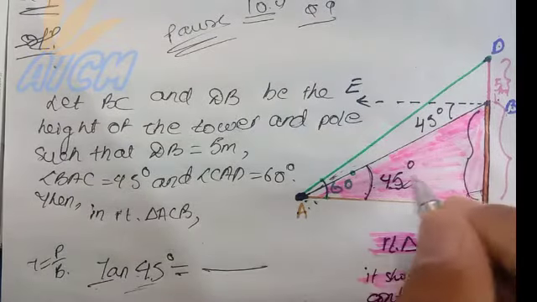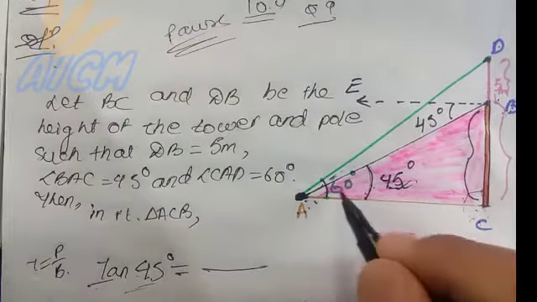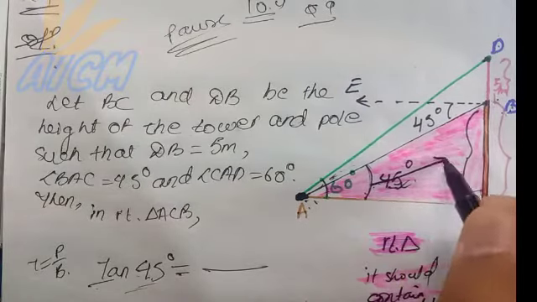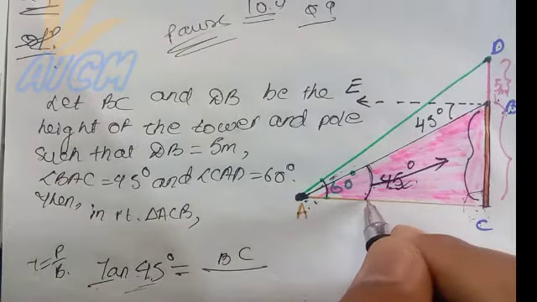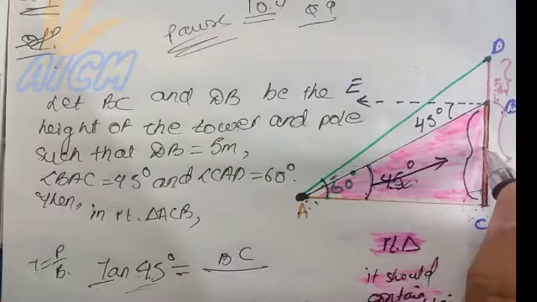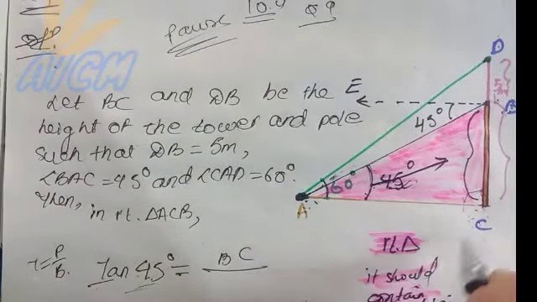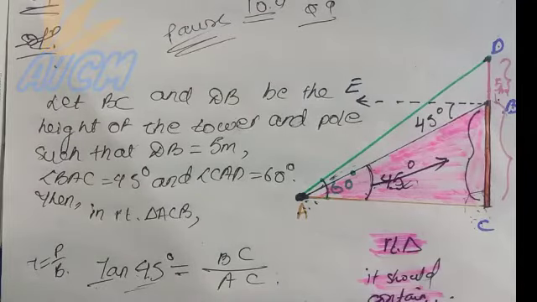The perpendicular to this angle is BC, so we are going to write BC here. And with respect to this angle, AC is the base. This is the first step we are doing right now.